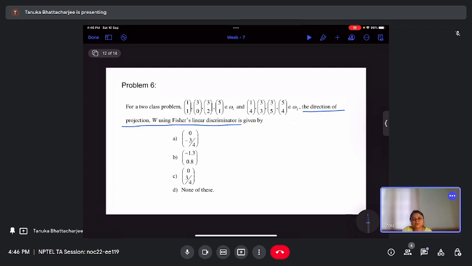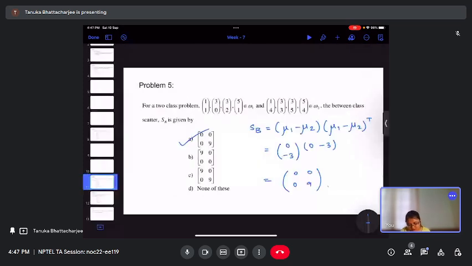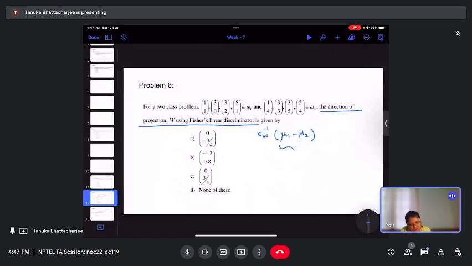We are trying to compute the direction now. So what is the expression for the direction? That is SW inverse into (mu1 minus mu2). Mu1 minus mu2 we just computed, (0, -3).